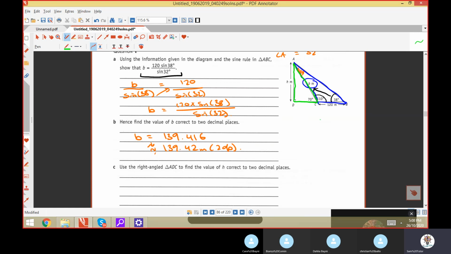The question says we're given a right angle triangle, so we actually no longer have equations like that, you just have to use SOHCAHTOA, that's it. That's easy.